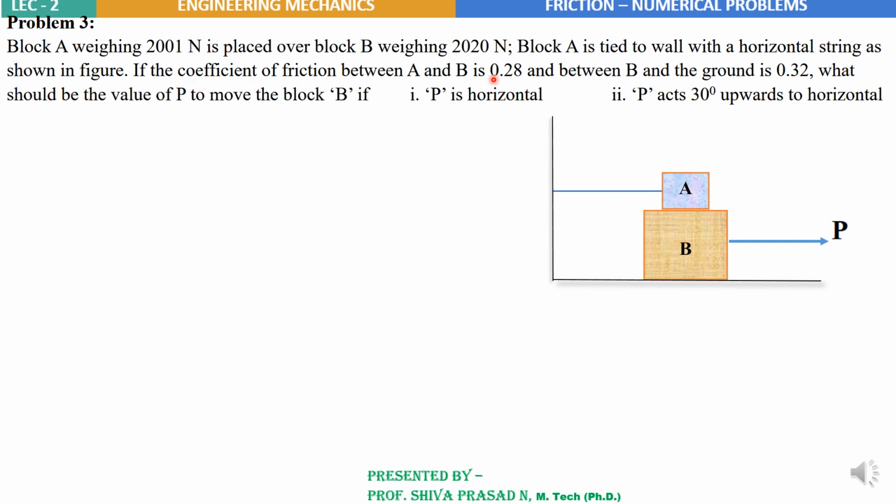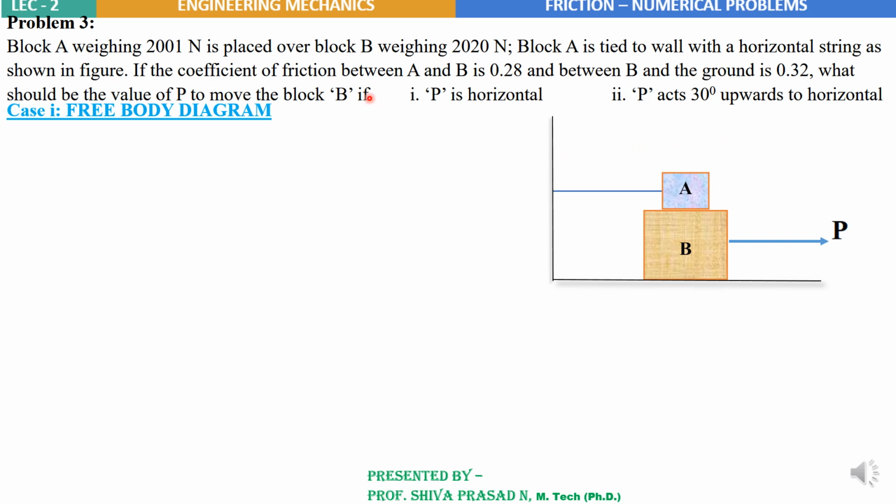The interface between A and B has a coefficient of friction equal to 0.28, and between B and the ground, the coefficient of friction is 0.32. So what should be the value of P when P is horizontal, first case, and when P acts 30 degrees upwards to horizontal, that is the second case you need to solve.